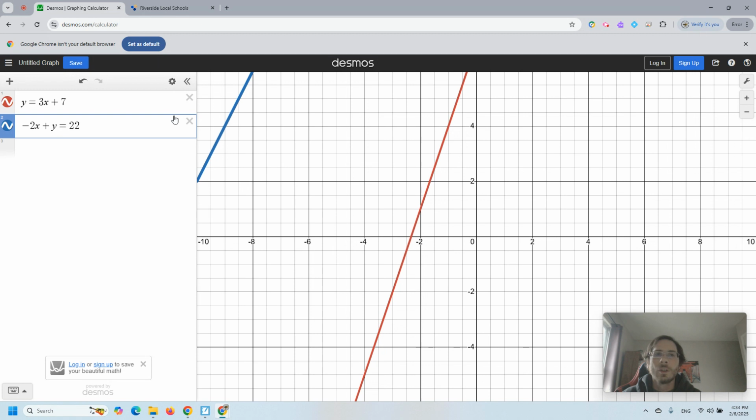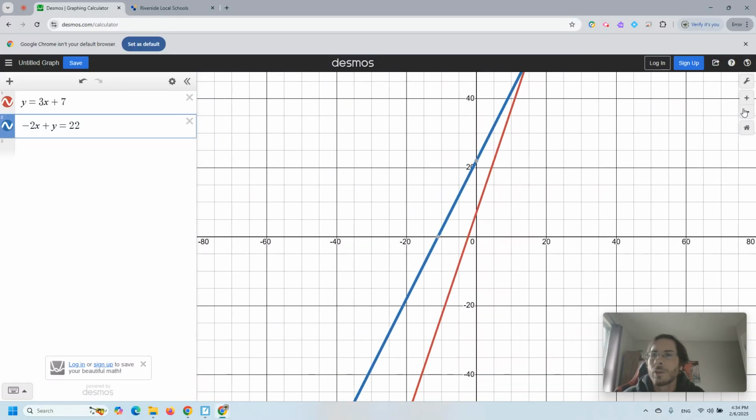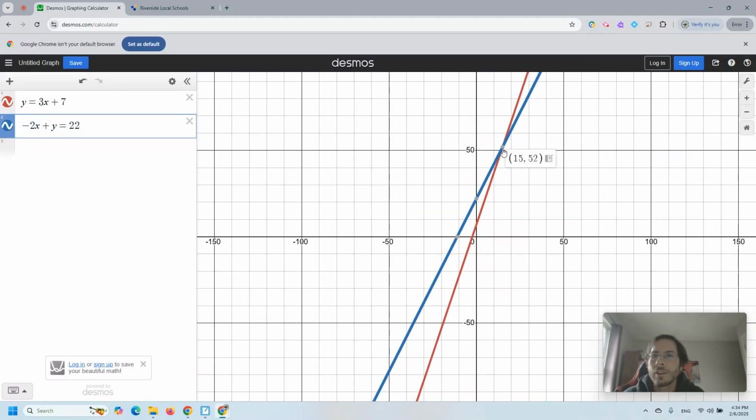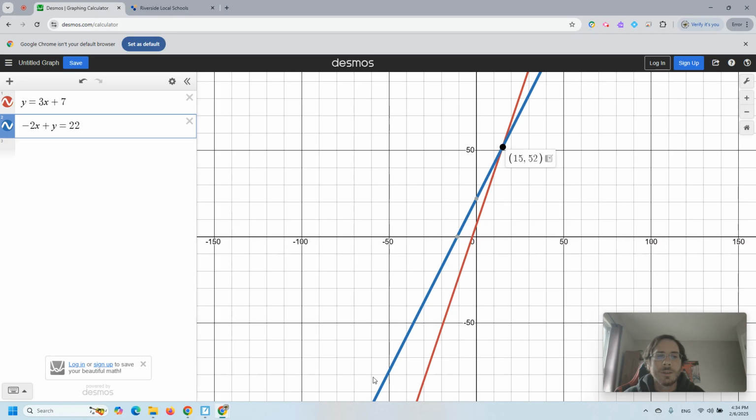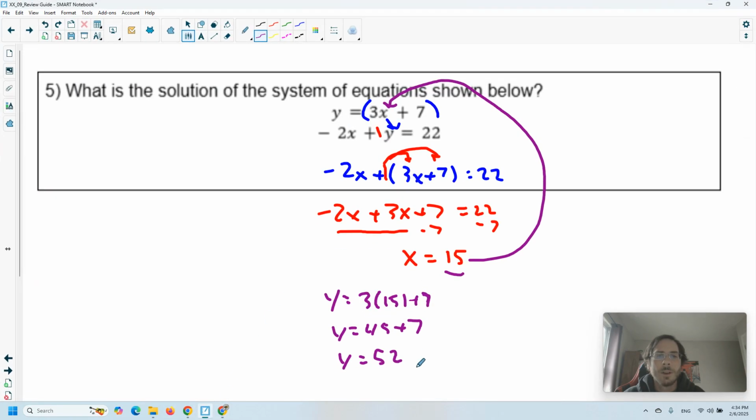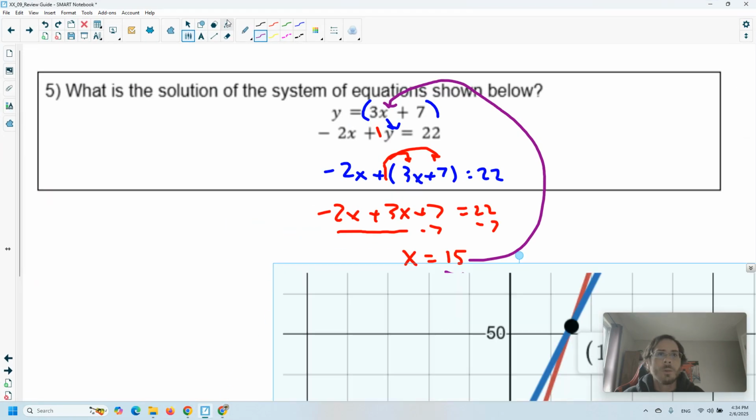When I go back home, it looks like there's no solution because it doesn't look like they touch. It looked like they've got the same slope, but again, one of them is just slightly different with the slope. So I'm going to zoom out a lot because I know I got to go out to 15, 52 if I'm right. And we got 15, 52. All right, I zoomed out. I'm pretty happy with my answer. I verified it, but I got one more step to do.